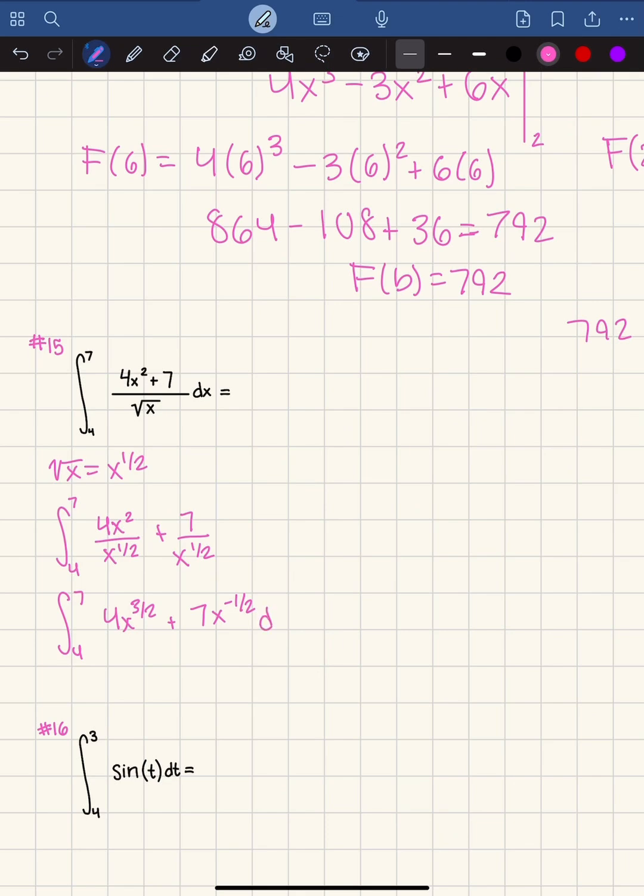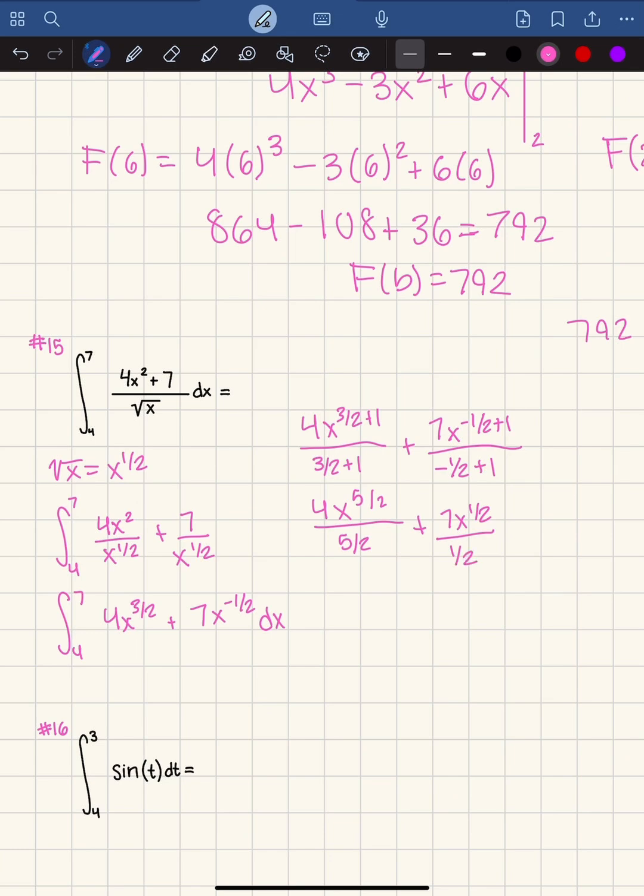And now we can apply the power rule for integration. So 4x to the 3 over 2 plus 1 over 3 over 2 plus 1, plus 7x to the negative 1/2 plus 1 over negative 1/2 plus 1. And that simplifies to 4x to the 5 halves over 5 over 2 plus 7x to the 1/2 over 1/2.